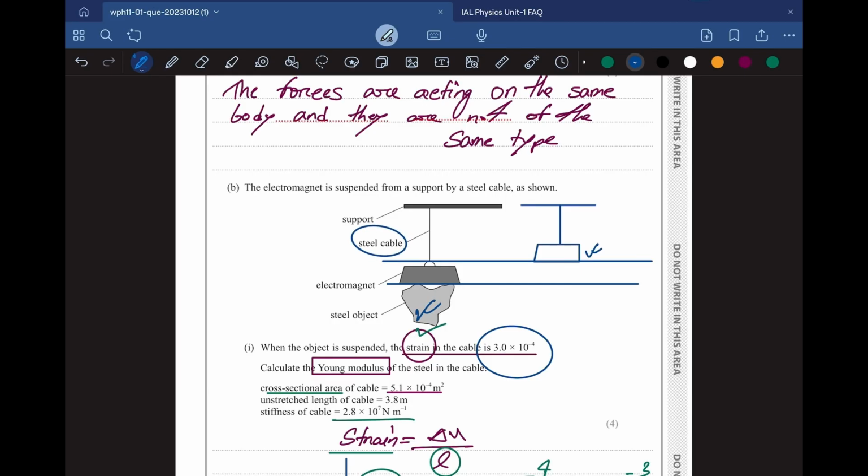Why? Because when the steel object was right here, the force acting on the steel cable was the weight of the electromagnet plus the weight of this steel object. But when the switch was turned off, the steel object fell, and the only force acting on this steel cable was the electromagnet's weight. That's why the strain energy here decreased and the extension decreased. This is the del x, right? This is the del x.